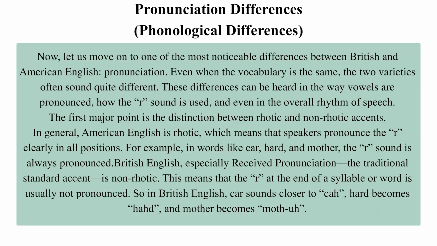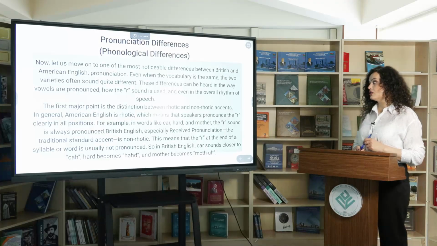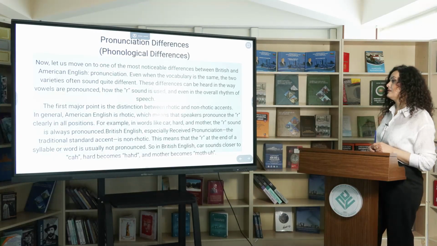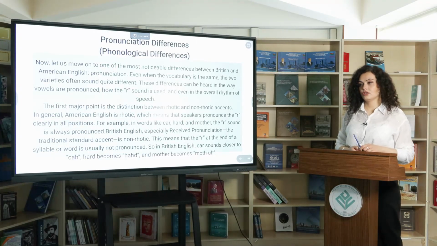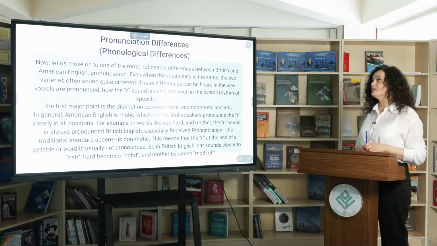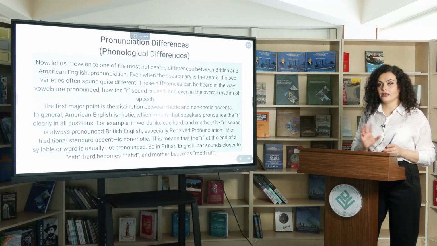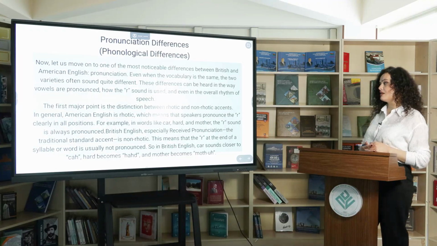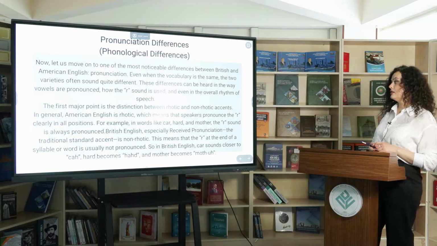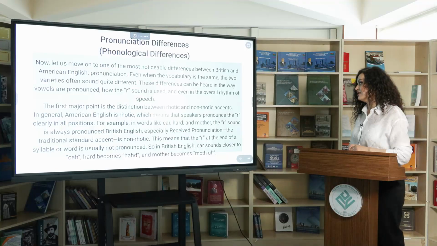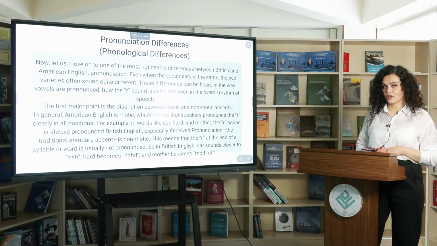The first major point is the distinction between rhotic and non-rhotic accents. In general, American English is rhotic. It means that speakers pronounce R clearly in all positions. For example, in words like car, heart, and mother, the R sound is always pronounced.